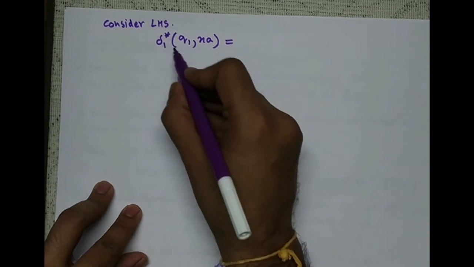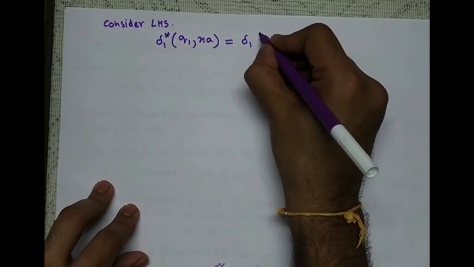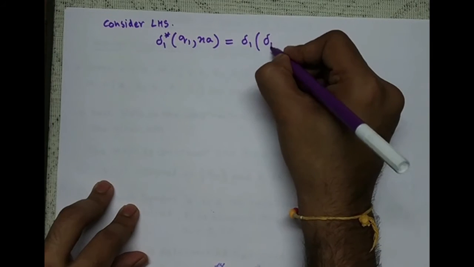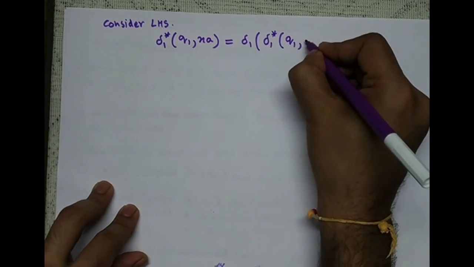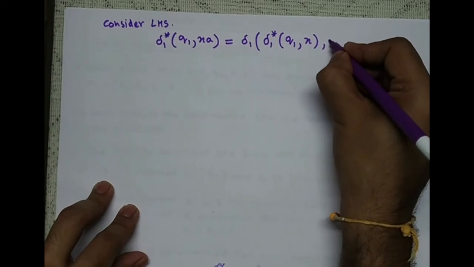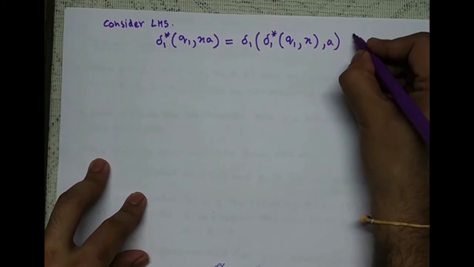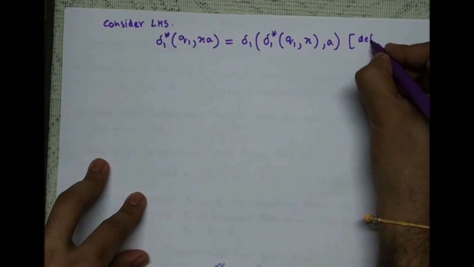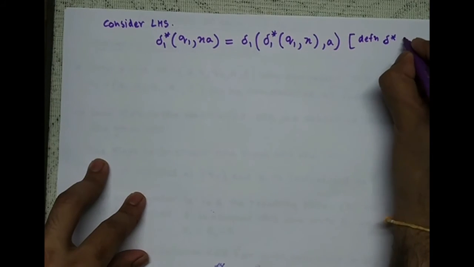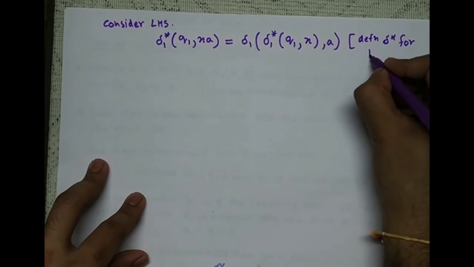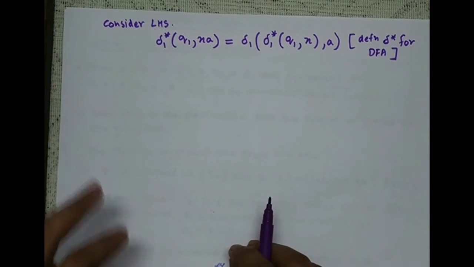So del 1 star of q1 comma xa can be written as del 1 of del 1 star of q1 comma x, comma a. This is the non-recursive definition of the extended transition function for DFA that we had already seen.